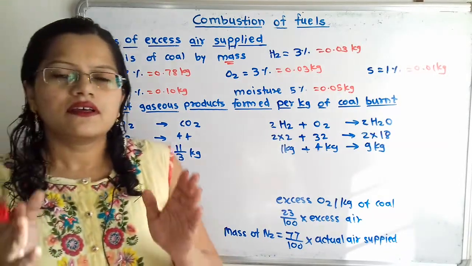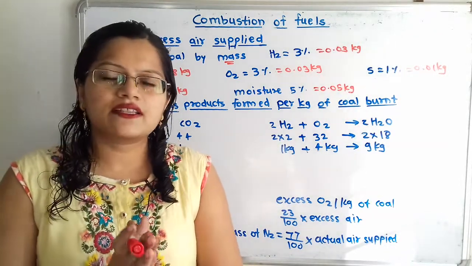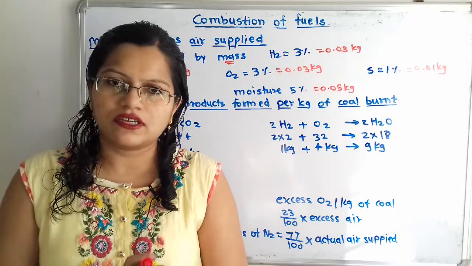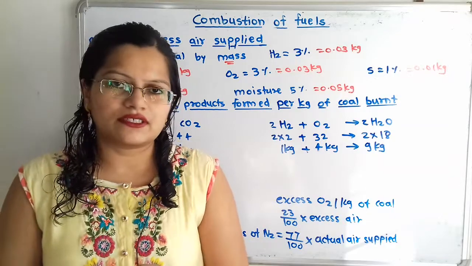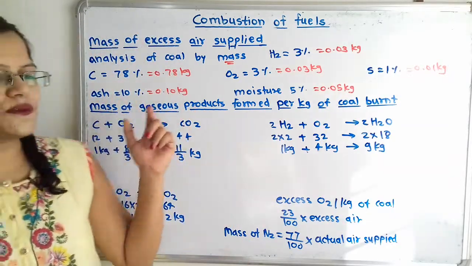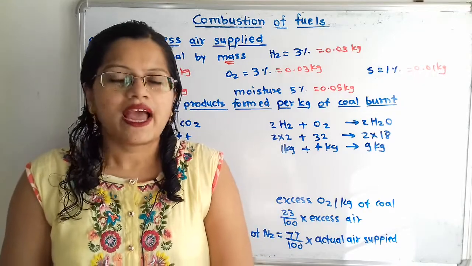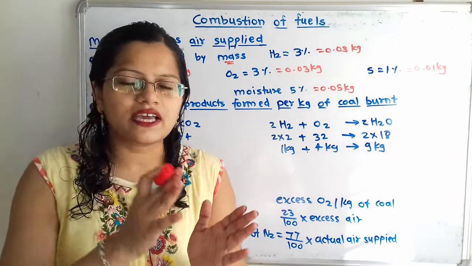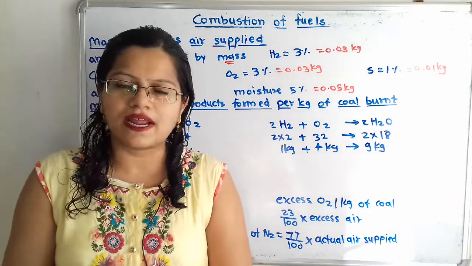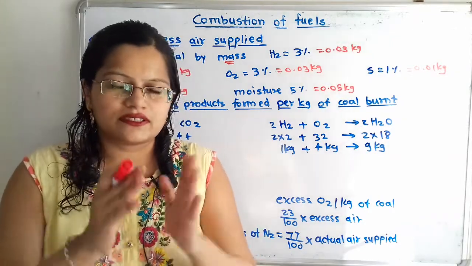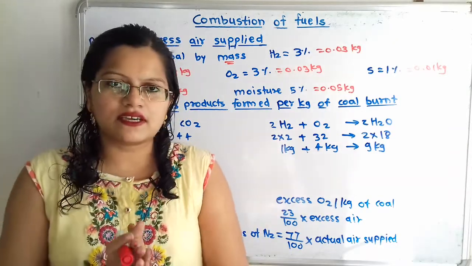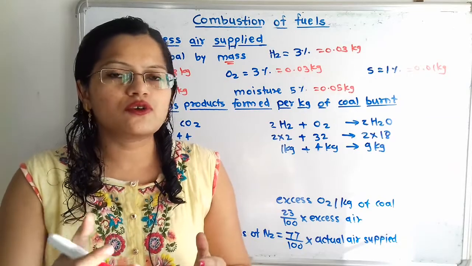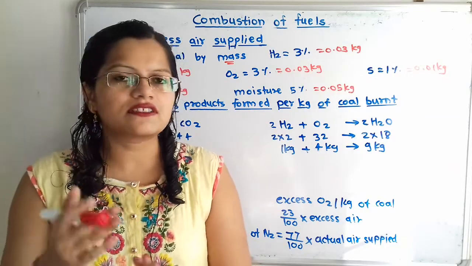From the excess air, there is an excess or unused amount of oxygen that will be present in the flue gases, that is, the gaseous products after combustion. When theoretical air and excess air are both supplied, nitrogen is present in the air, so this nitrogen is also part of the flue gases after combustion.